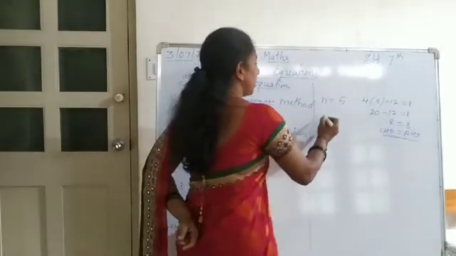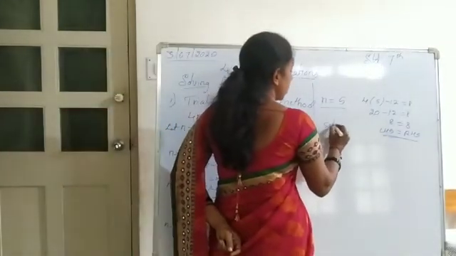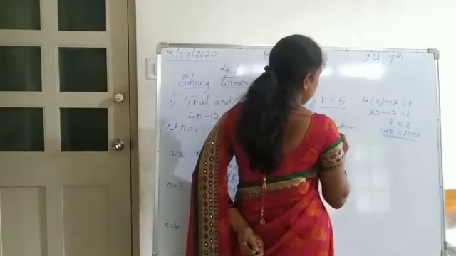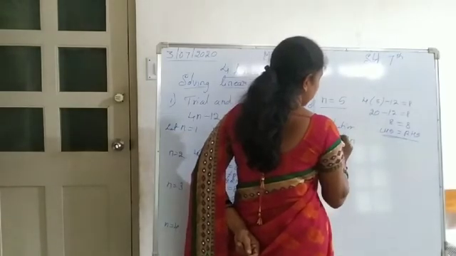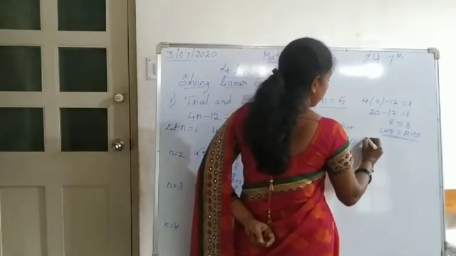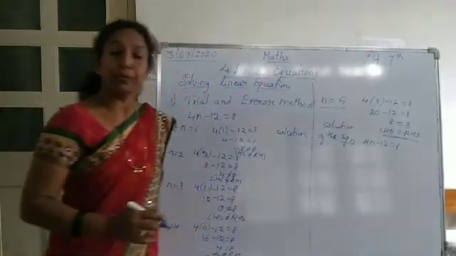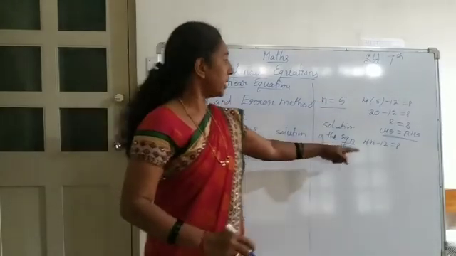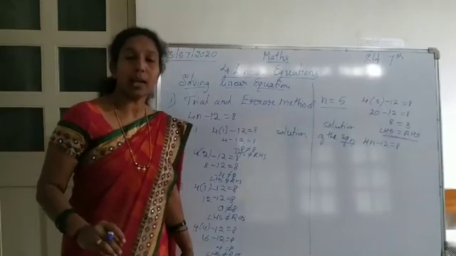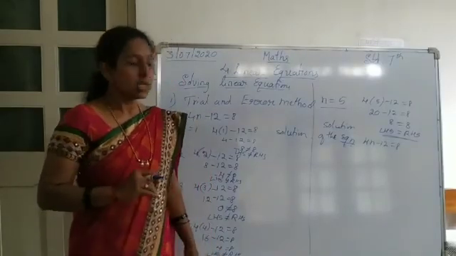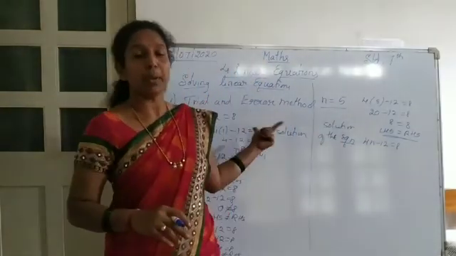So the value n is equal to 5 is the solution of the equation 4n minus 12 is equal to 8. If you put the value for n as 5, then you get LHS equal to RHS. So that is the solution. This is how we can find the value of the variable. This is one of the methods.